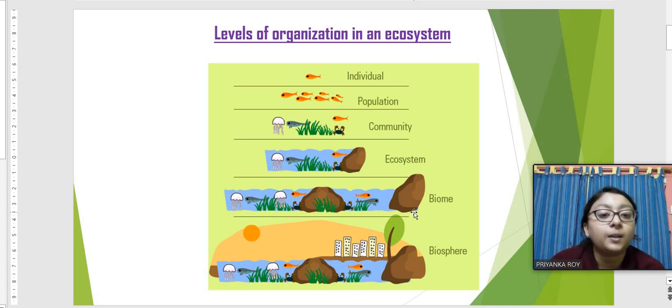All these combined together, along with all the different biomes, we call it a biosphere. So this is the level of organization in an ecosystem. From the lowest point to the highest point, we can see how an ecosystem is formed, and how different ecosystems make a biosphere.